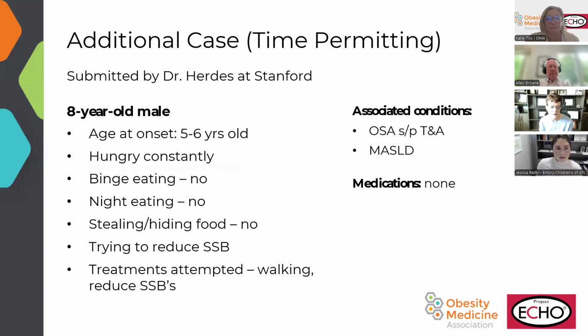This was submitted by Dr. Hurdes at Stanford. She's unable to be here now, but this will bring up some more questions. This is an 8-year-old male, and the age at onset of his obesity was 5 years old. He's hungry constantly, but he does not qualify for binge eating. He does no night eating and no stealing or hiding.